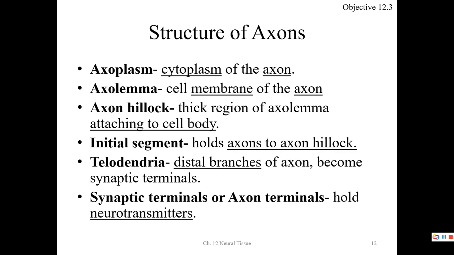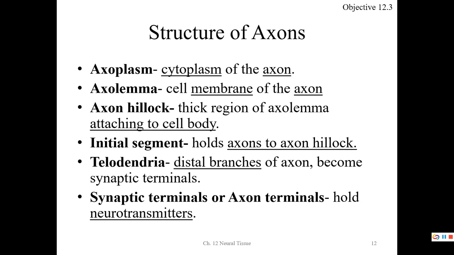Now, axons. If we look inside the axon, it has a cytoplasm. Just like how we had the perikaryon in the cell body, the soma, we have axoplasm in the axon. And like how we had the sarcolemma on a muscle fiber, we have the cell membrane of an axon. It's called the axolemma.